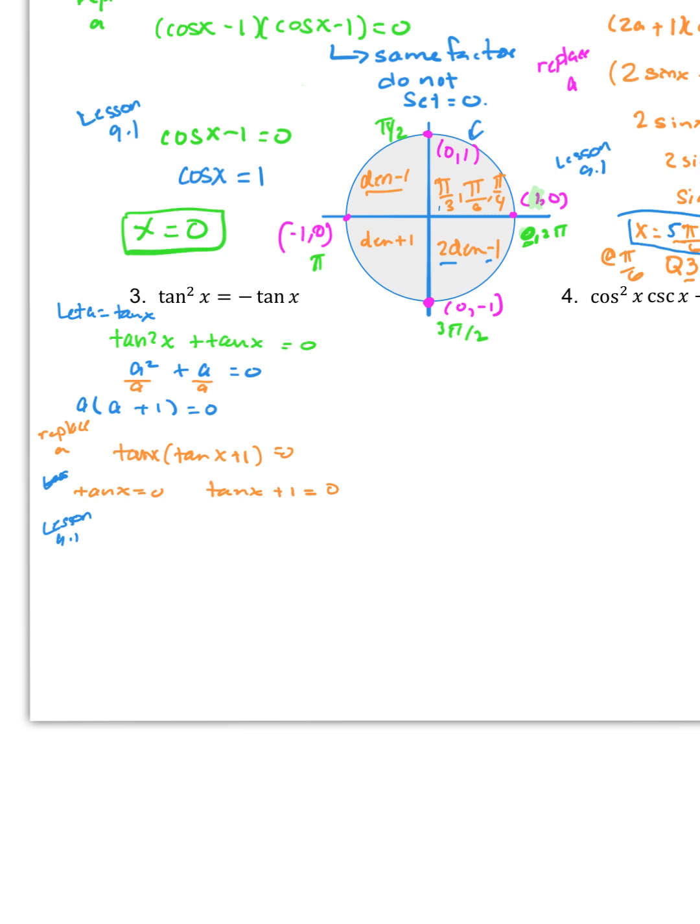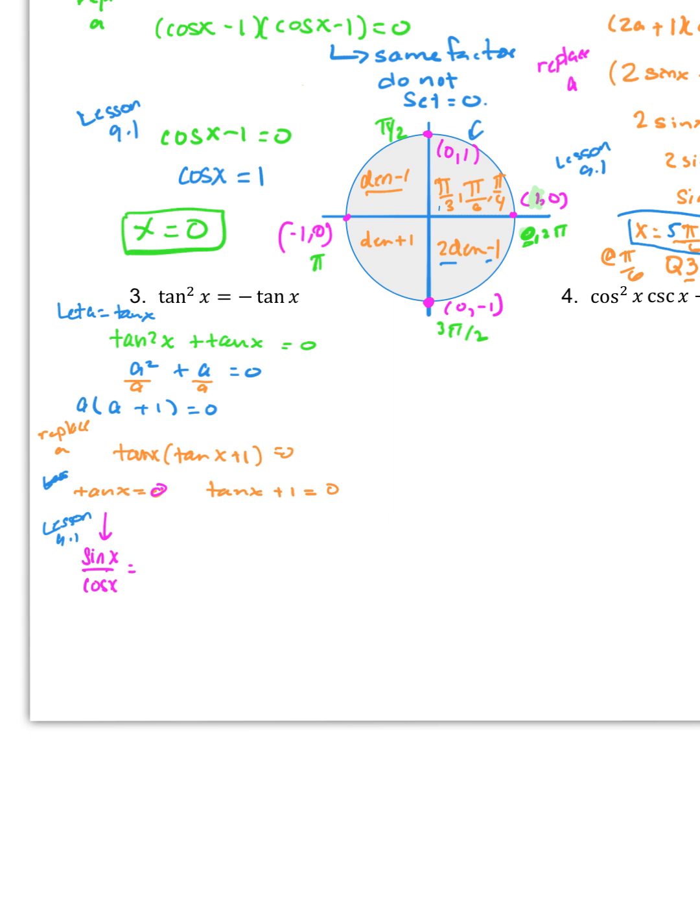Okay, so now that we set each of these equal to 0, we're going to solve. So let's look and find out what x is. Let's look at this first one. The thing about this one is, if I have a tangent, tangent is the same as sine over cosine. In order for tangent to be equal to 0, we have to make this fraction equal 0.